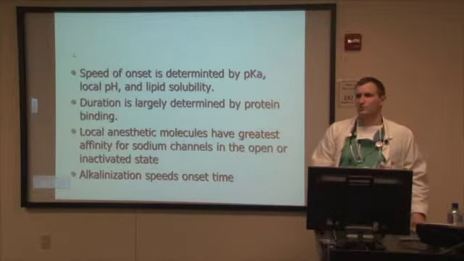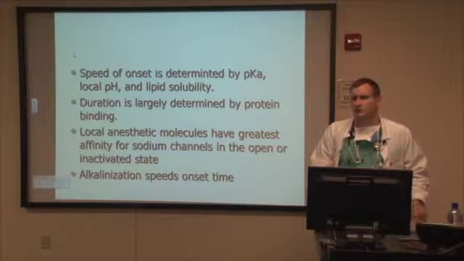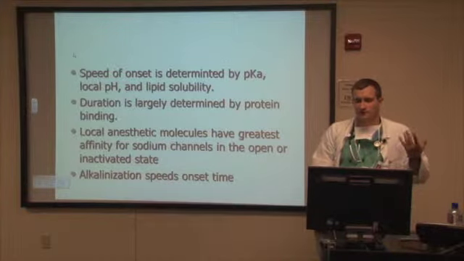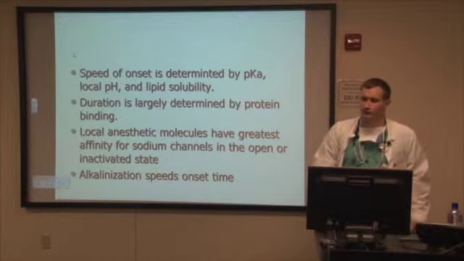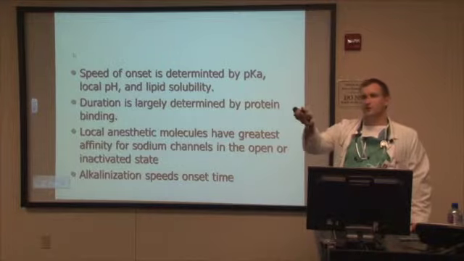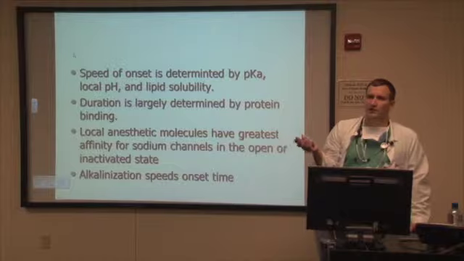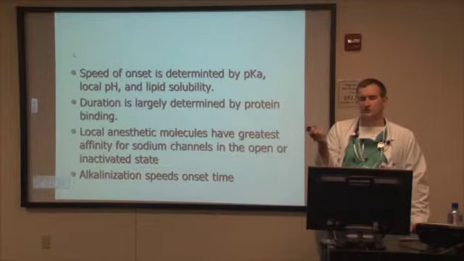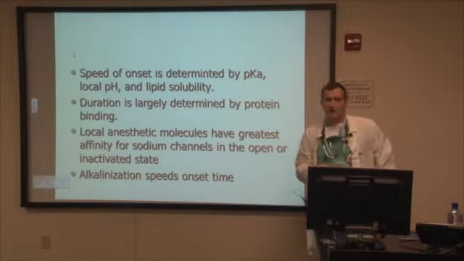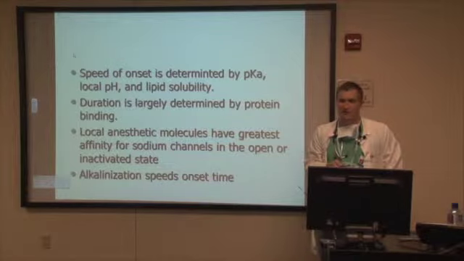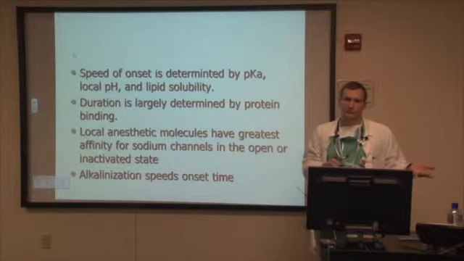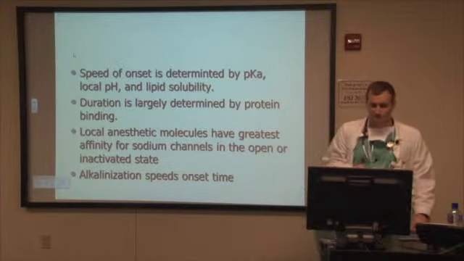That, of course, raises the pH of the ampule or whatever we're using, and that drives the equilibrium so that the local anesthetic molecules are driven more towards the non-protonated side, and that can speed the onset time. They get driven into the neuron simply by a concentration gradient.